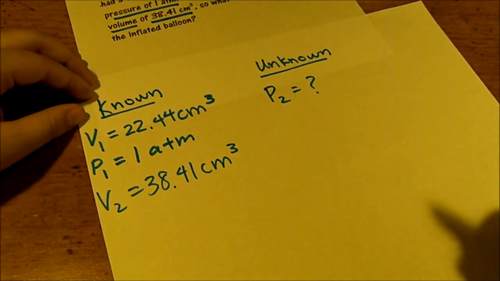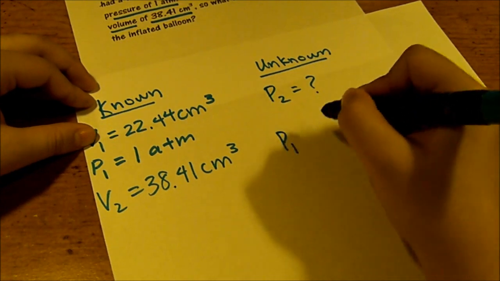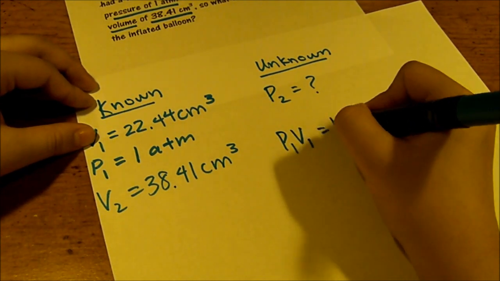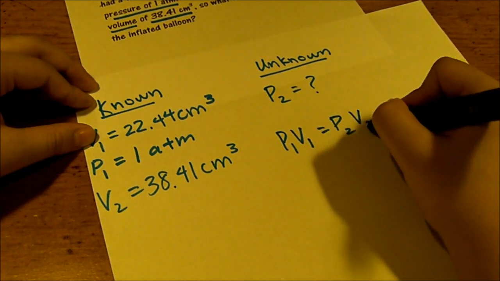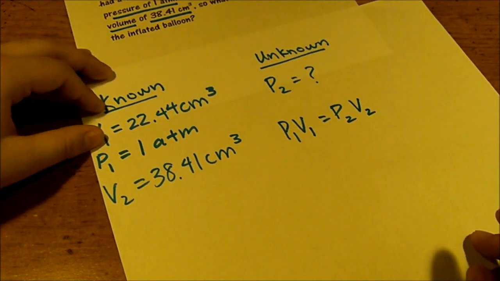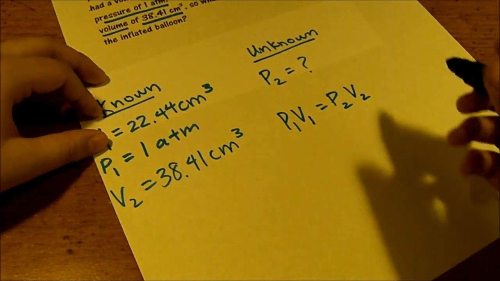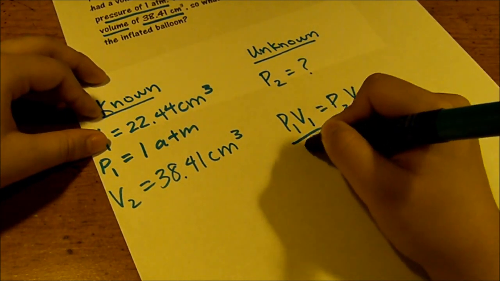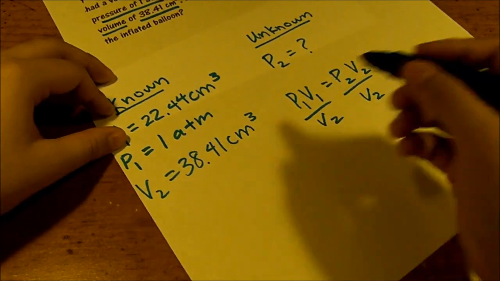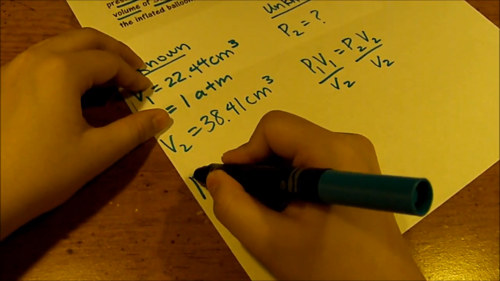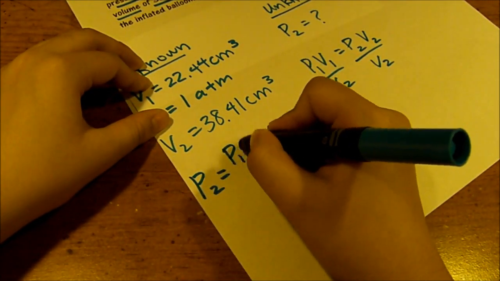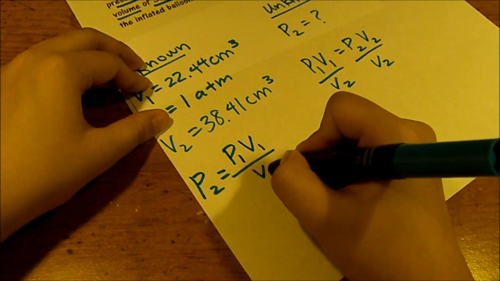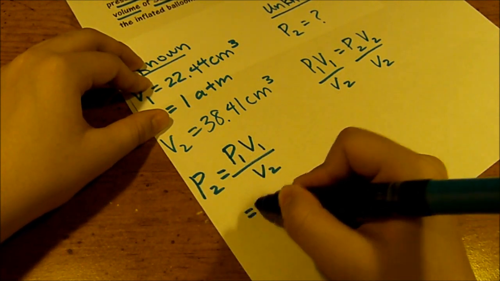Recall that the equation for Boyle's law is P1 V1 is equal to P2 V2. We have to rearrange the variables in order to get P2, so divide both sides by V2. That gets us P2 is equal to P1 V1 over V2. Now let's plug in our numbers.